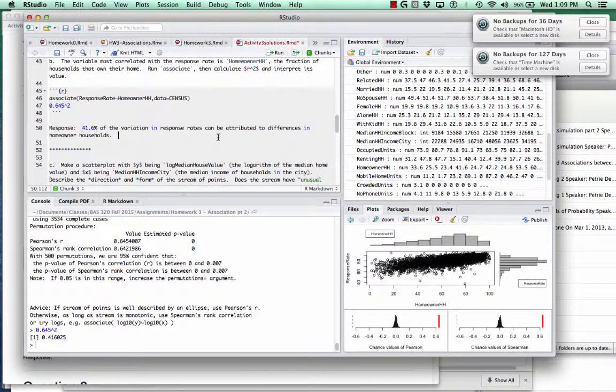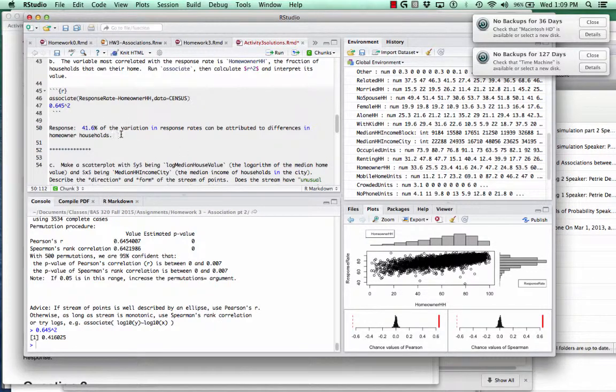So in general, I interpret r squared as r squared percent of the variation in y can be attributed to differences in x. So I see the response rate being really quite variable, and once I know the homeowner household, that reduces the variability in y, the spread in y, by 41.6%.